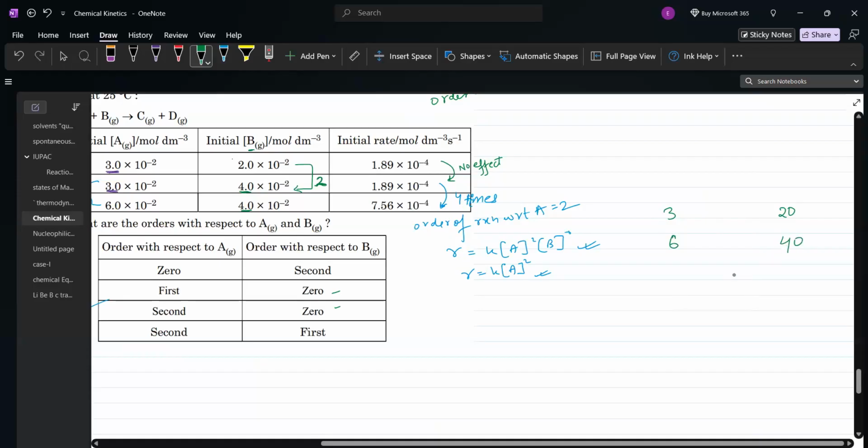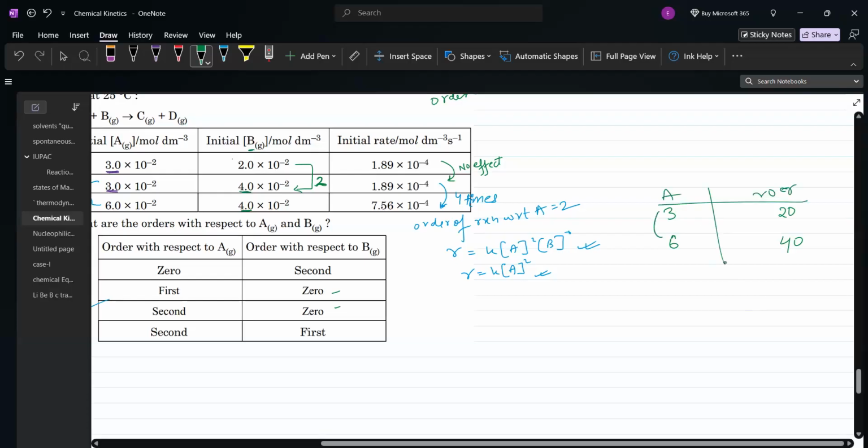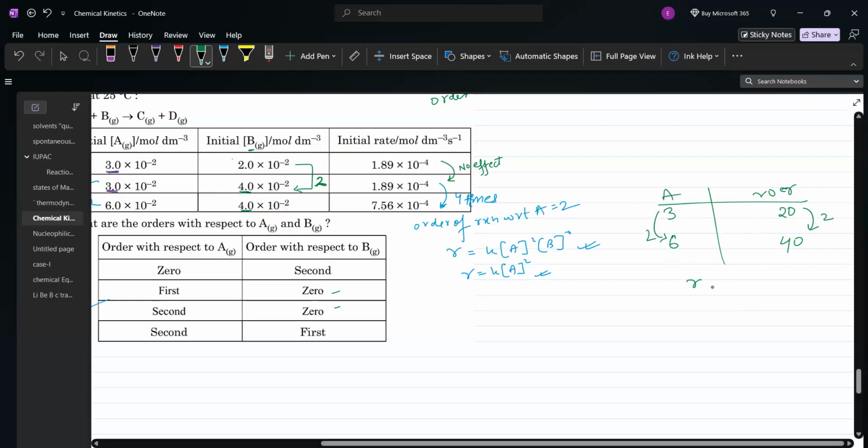So what you can comment on the order of the reaction? That it's getting double. Order of reaction with respect to A? 1, right? Since both are doubling.